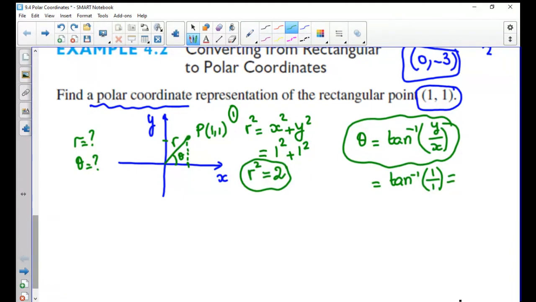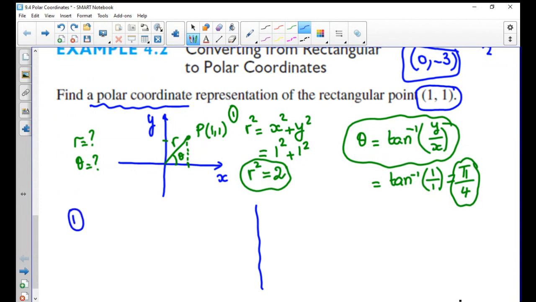If you put this in your calculator, it will give you pi over 4, yeah, 45 degrees. If you are in radians, it's pi over 4. Okay, now that means I can say that R will be, there are different, by the way, the polar coordinates are many polar coordinates.